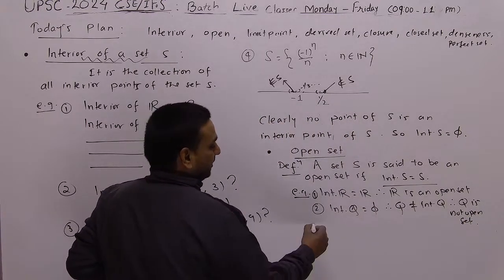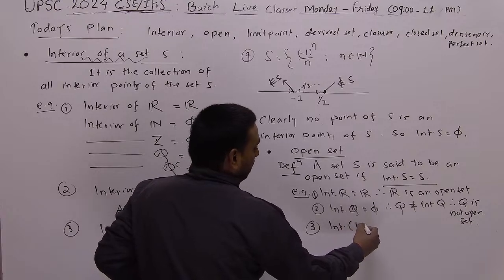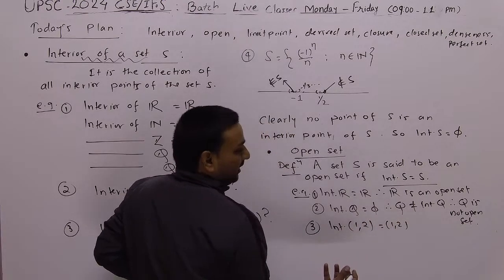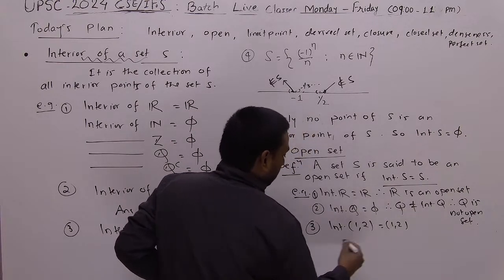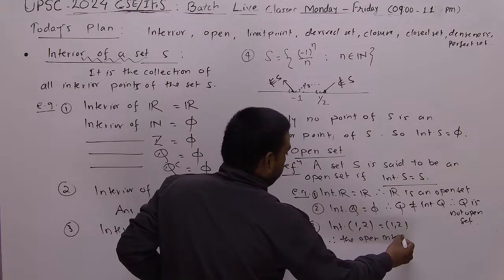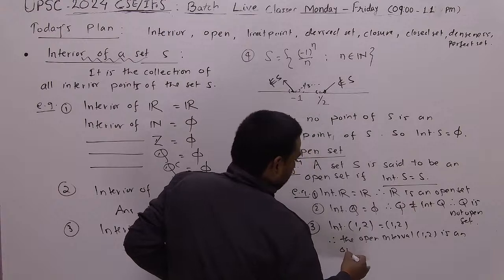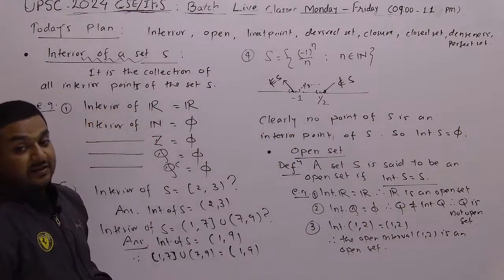Any problem? Interior of open interval 1, 2 is the open interval 1, 2, so the open interval 1, 2 is an open set. Any problem?